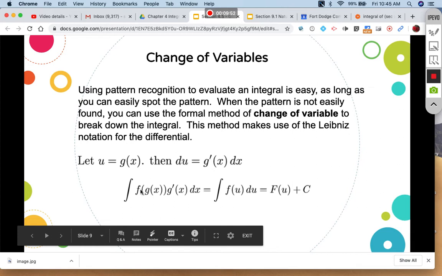And then that makes f of g of x becomes f of u, and g prime of x dx becomes du. And so I have the integral of f of u du, which is just f of u plus c.